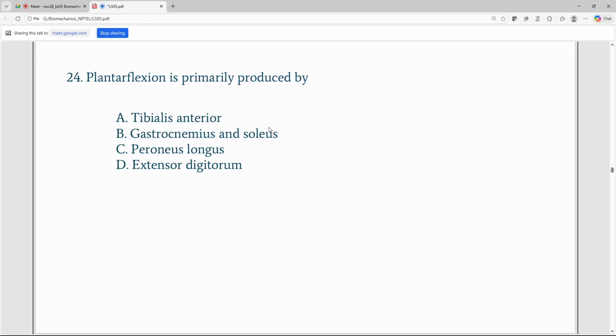Answer is option B, gastrocnemius and soleus.